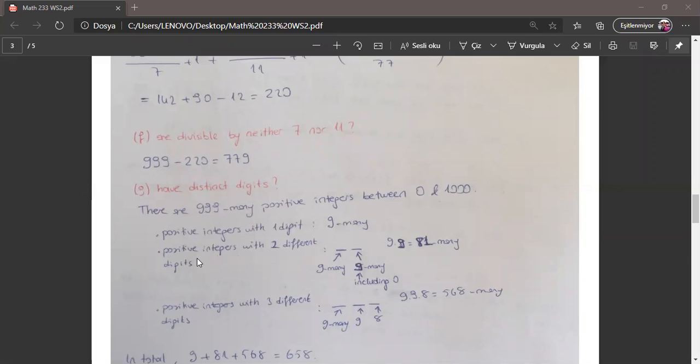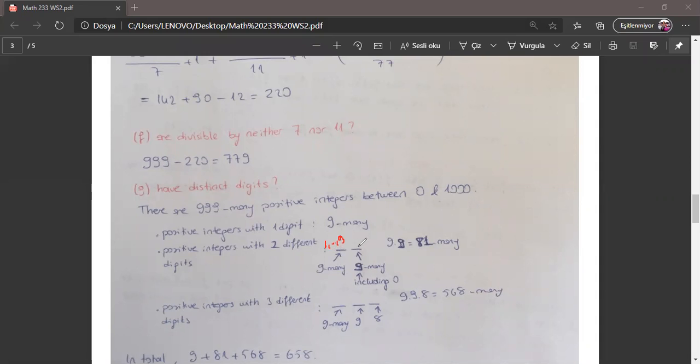And with 2 different digits, we want to find the ones with distinct digits. For this one, we can write the values from 1 to 9. So we have 9 values here.